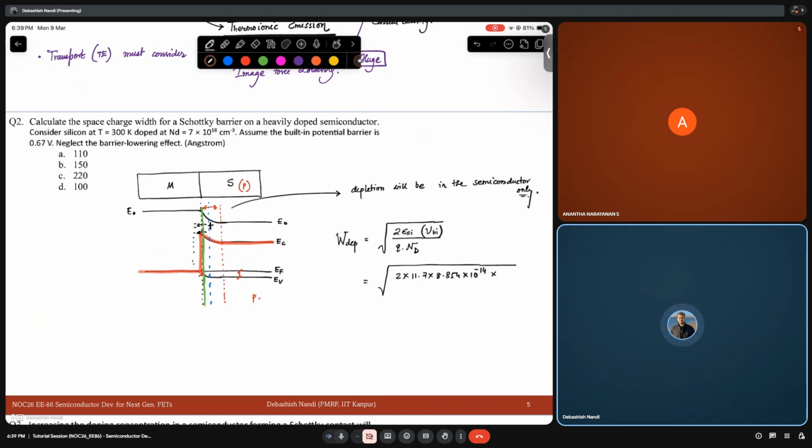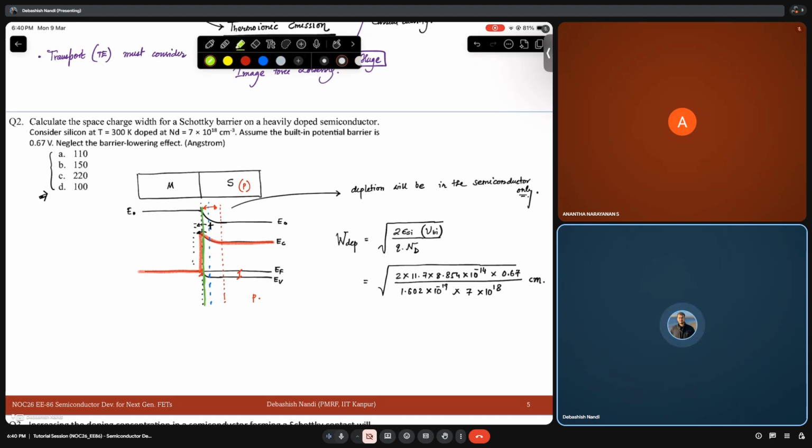Your VBI is given as 0.67, q is 1.602 into 10 to the power minus 19, and your ND you will have 7 into 10 to the power 18 per cubic centimeter. Fine. You can compute and check which one is correct.